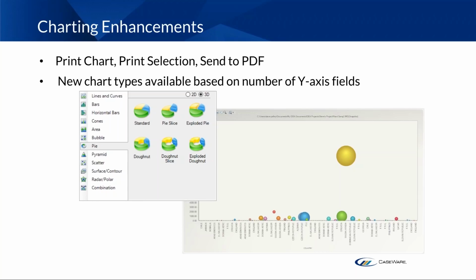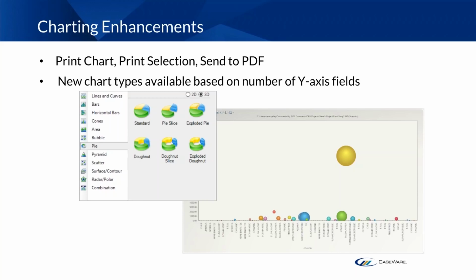And we've restored some of the previous capabilities that were removed from the other versions of IDEA. And that's going in to do printing of charts. You can actually print selections of charts. You can send the PDF and all that wonderful stuff again. So very, very useful. But you'll notice a bit of the difference in the UI now. So the gallery has changed. There's access to more types of charts.